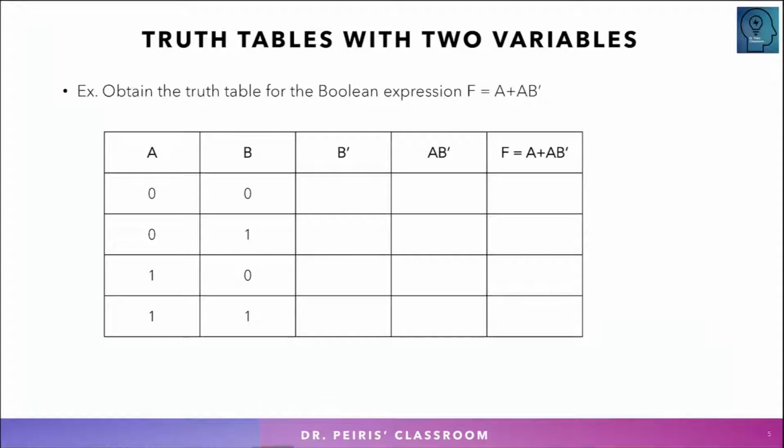The first one is 0 0, the second one 0 1, then 1 0, and this is 1 1. Basically these need to equal the equivalent decimal values: the first one is 0 in decimal, this is 1, 2, and this is 3 in decimal. This is how it must be, in that particular order.